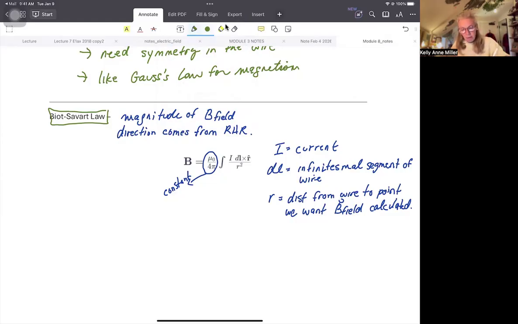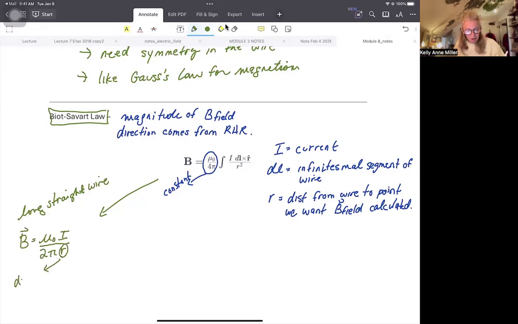Okay, so I'm just going to write all of the different results. If you have a long straight wire, the result of this integral is just the B field equals mu naught times the current over 2 pi r, where r is the distance from the wire.